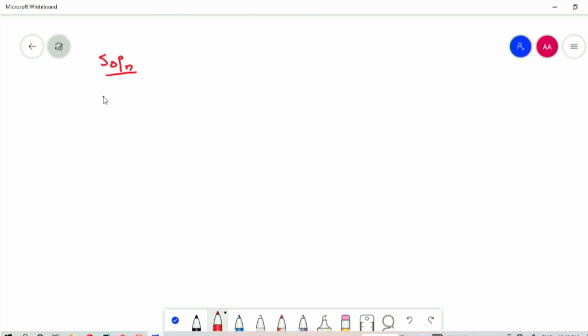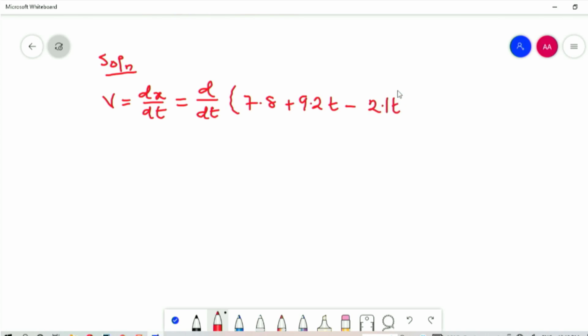We know that velocity is equal to change in displacement over change in time, which is written as d upon dt of 7.8 plus 9.2t minus 2.1t cubed.